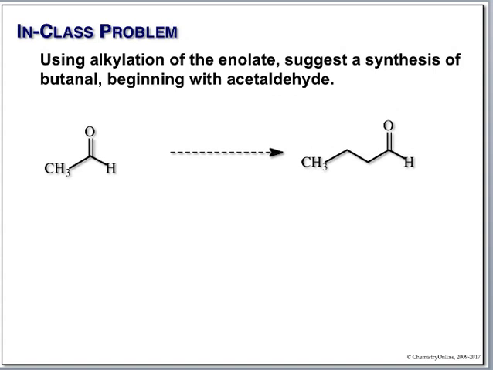All right, do a synthesis for me then. We're going to start off with acetaldehyde, that's ethanal. And we're going to make butanal. Now, obviously, we have tacked something on to the alpha carbon, haven't we?